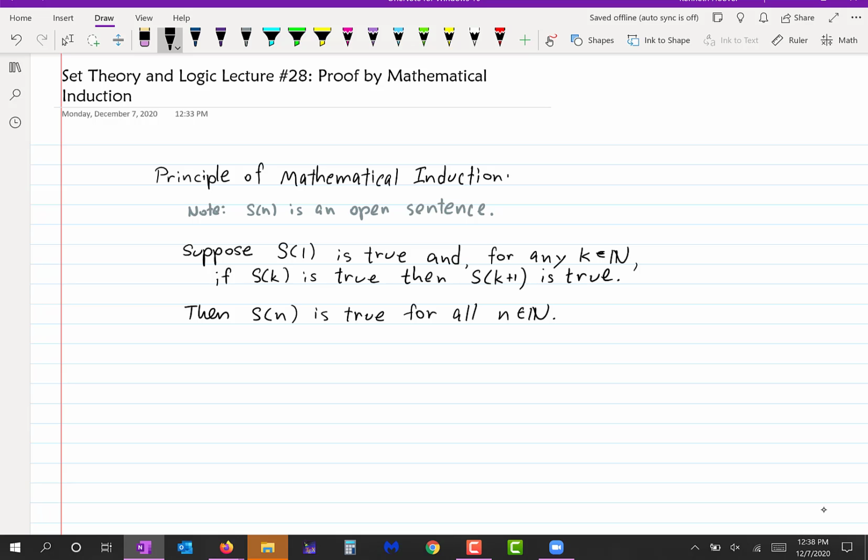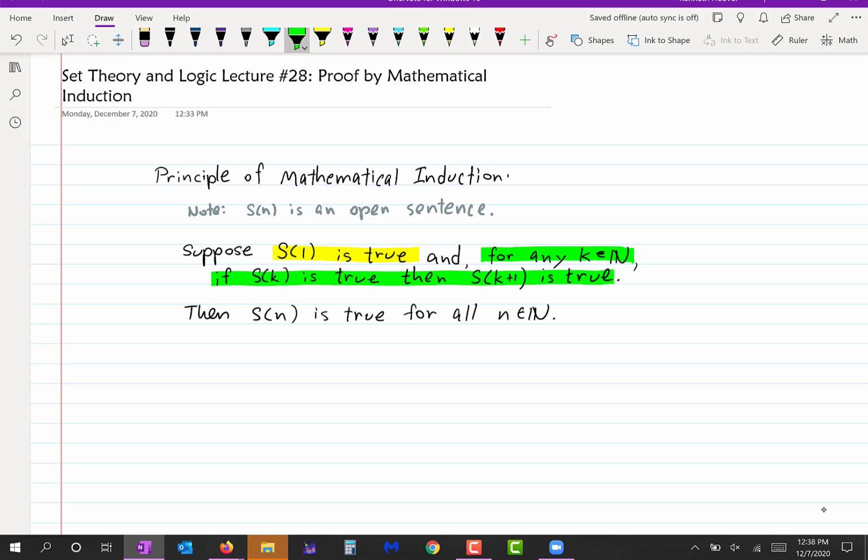Okay, so the idea is this. You show that S of 1 is true. And then this phenomenon here, if S of k is true for some natural number, then S of k plus 1 is true.